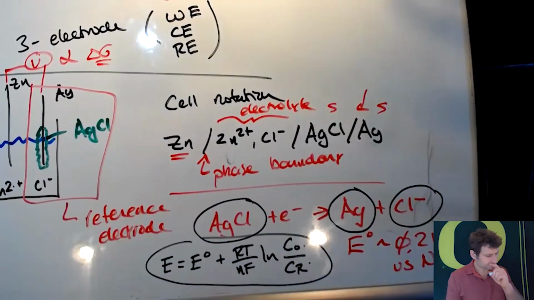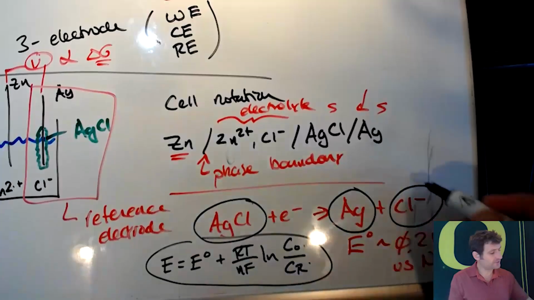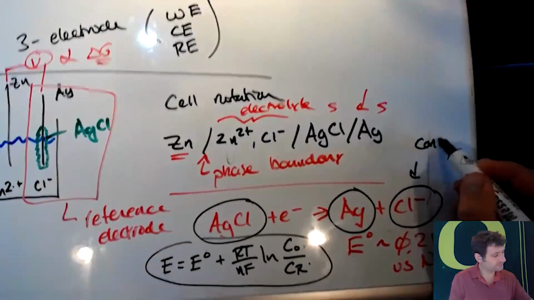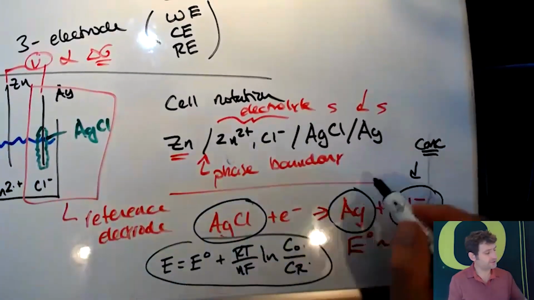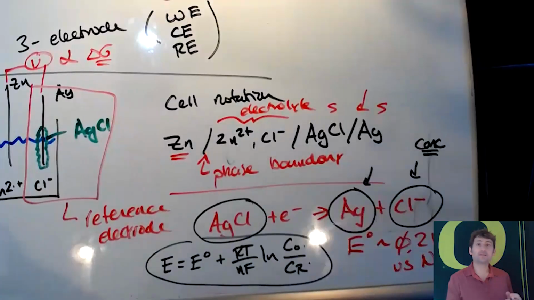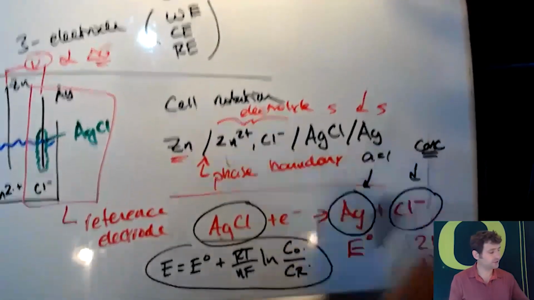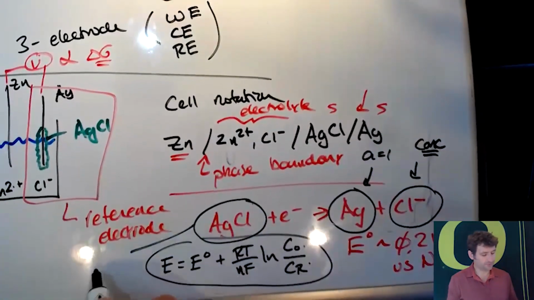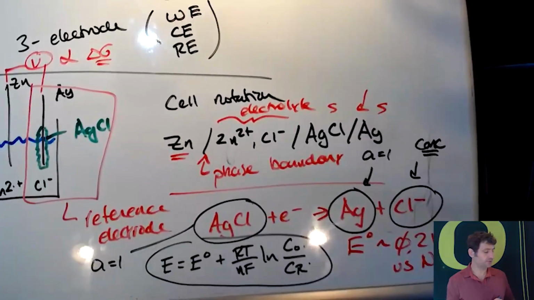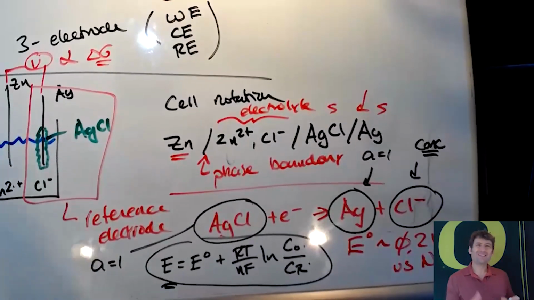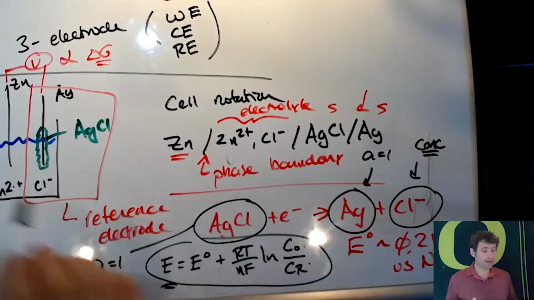And so if this reference reaction is concentrated, very high concentration, silver has an activity, it's a solid, activity is 1. Silver chloride has an activity equal to 1. So this potential doesn't depend very much on what you do to this cell.